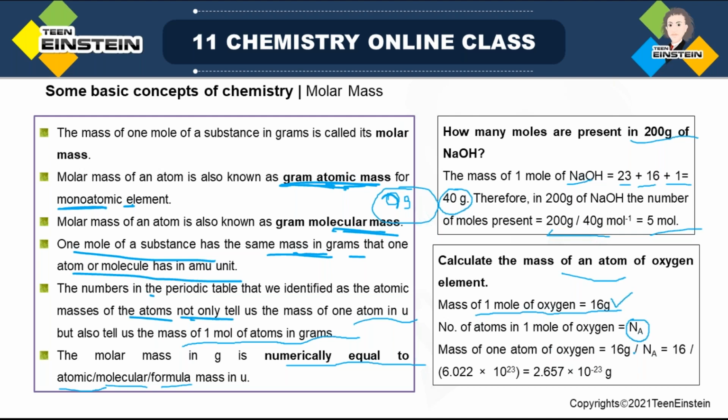So one atom will have mass 16 divided by Avogadro number. When you divide 16 by Avogadro number, you get this value. In this way we can calculate the mass of one atom of oxygen. Fine.